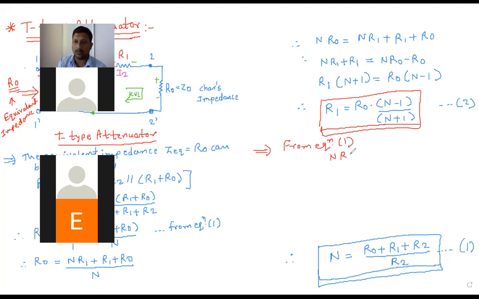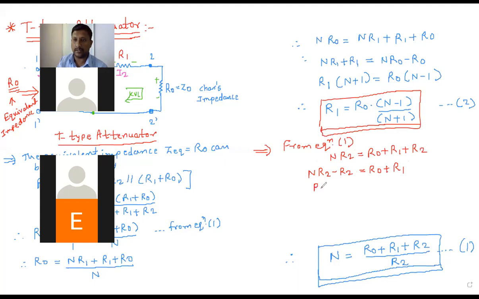So from equation 1, n into R2 is equal to R0 plus R1 plus R2. Okay, so n into R2 is equal to R0 plus R1 plus R2. त्यामध्ये तुम्ही R1 रिप्लेस करू शकता. आता या दोन्ही मधला R2 तुम्ही इकडे घेऊ शकता. n into R2 minus R2 is equal to R0 plus R1 as it is.